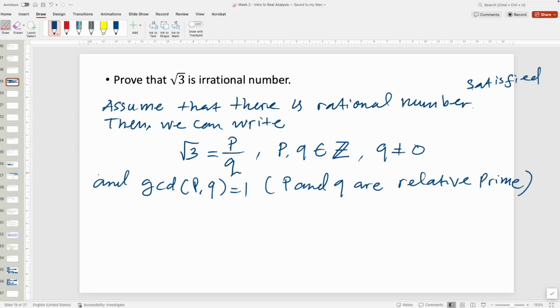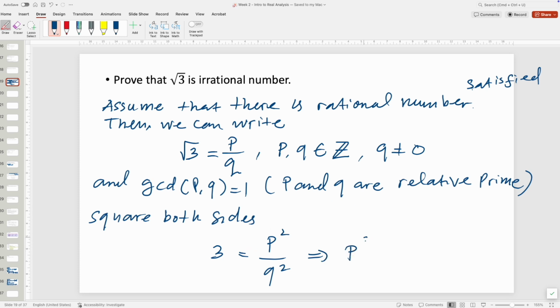You can square both sides. Then what do you get? 3 equals P squared over Q squared. And then multiplying both sides by Q squared, you get P squared equals 3Q squared.